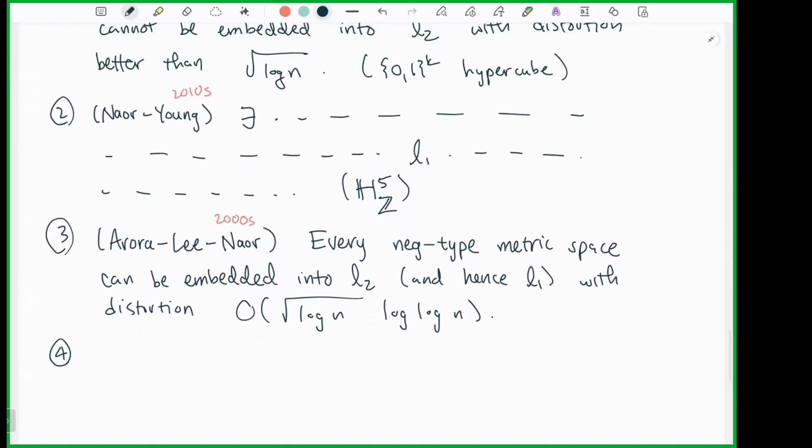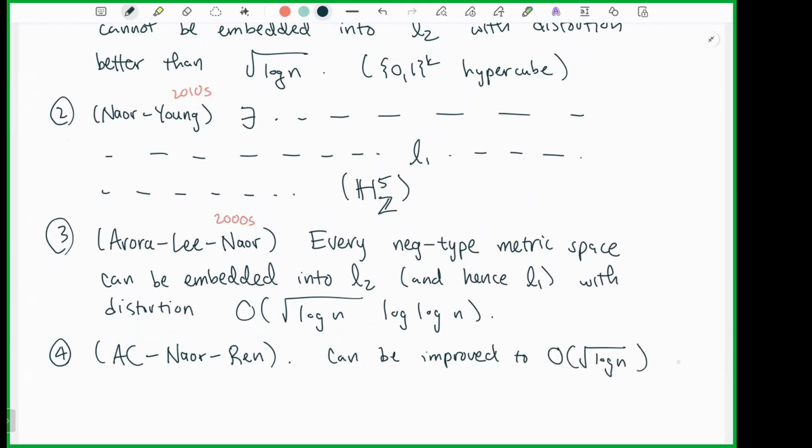We posted this on the arXiv last year. This is myself, Assaf and Kevin Ren. And we showed that this can be improved to root log n, so that extra log is not needed there.